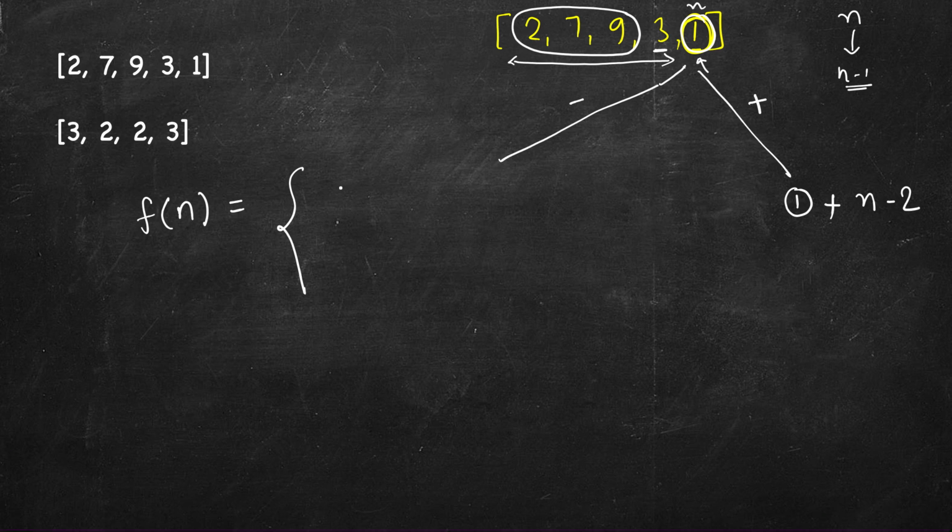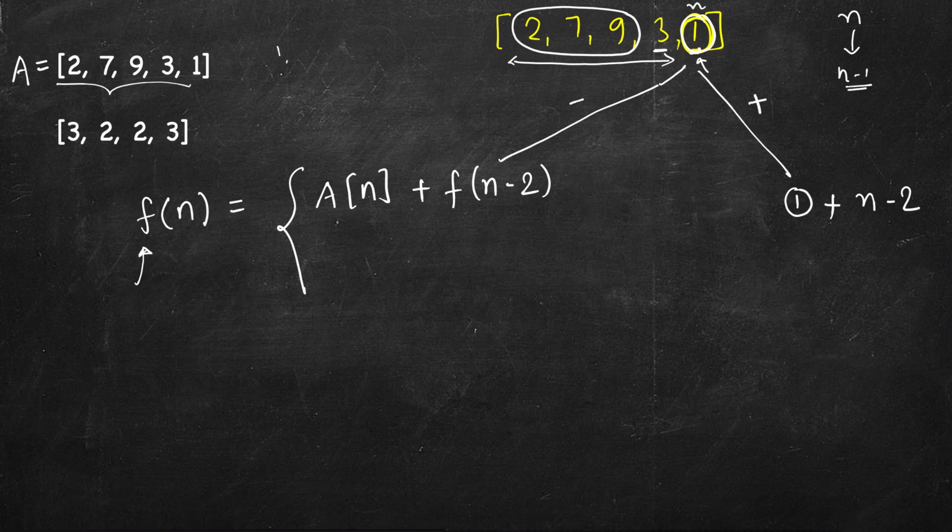The nth house is robbed, so we get a(n). It should in fact be n minus 1, but let's say it's starting from 1, whatever you are comfortable with. So a(n) plus f(n minus 2), where f is the optimal solution for these n houses, the largest money that the robber can get. This is one possibility, when the robber decides to rob the last house.